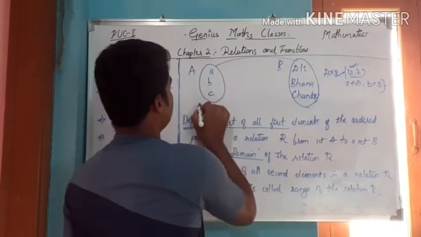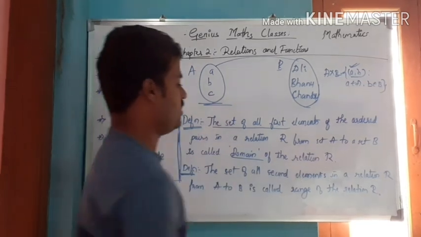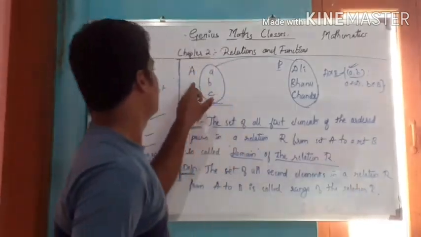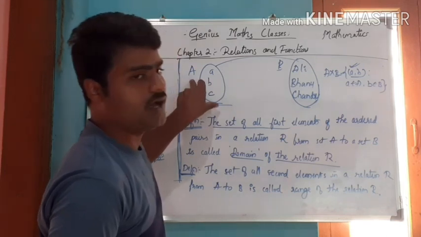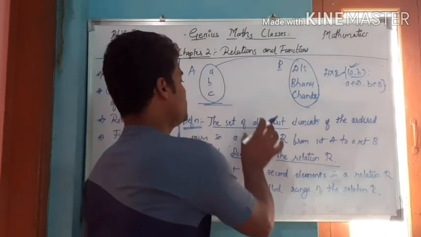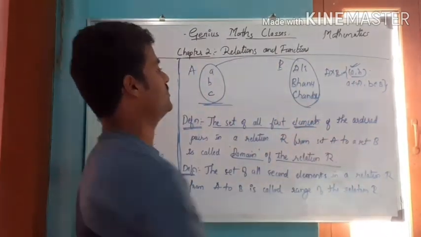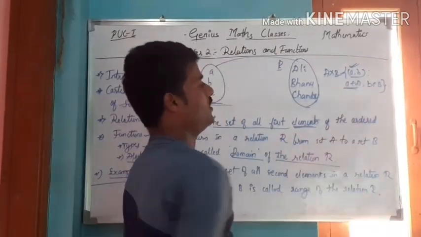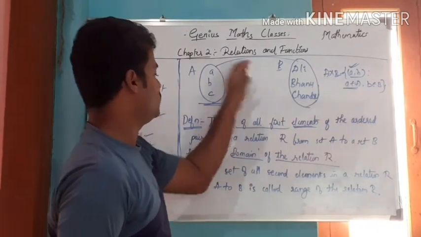This first set A is called the domain of the relation R, that is, the set of all first elements of the ordered pairs, where a belongs to A.